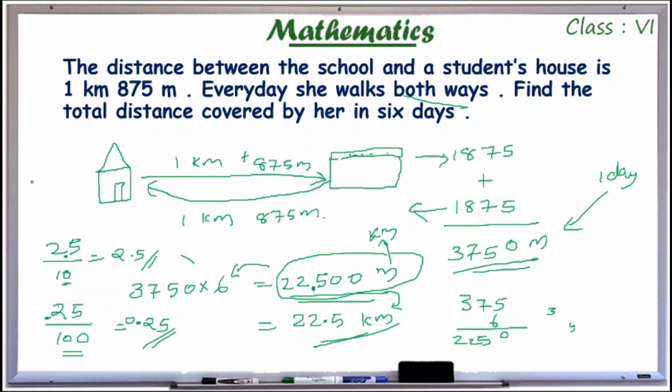If you want to convert 2250 by 100, move 2 places to the left side, place the point here, answer will be 22.5, like this.